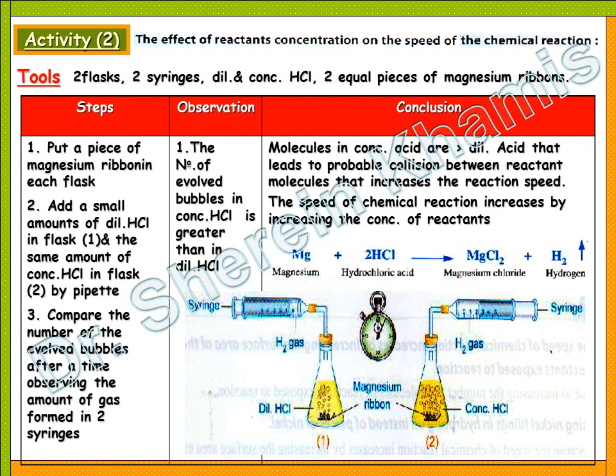We put a piece of magnesium ribbon in each flask and add a small amount of diluted HCl in flask A and an equal amount of concentrated HCl in flask B by pipette, comparing the number of evolved bubbles.